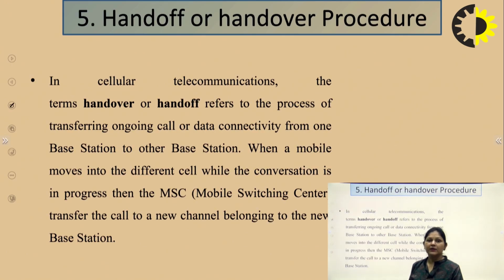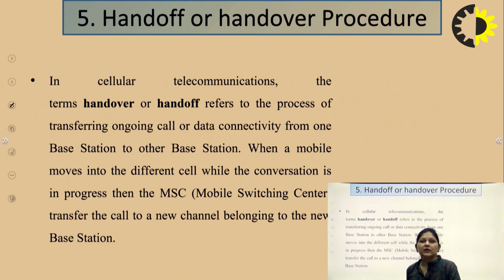Now, a very important concept in cellular systems is handoff. As we have said, we have divided the whole area into cells, and each cell has its own base station. Whenever we are on a call and moving from one cell to another, we are going from the control of one base station to the other base station.